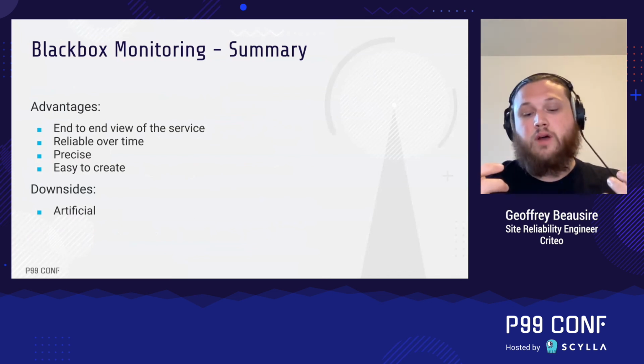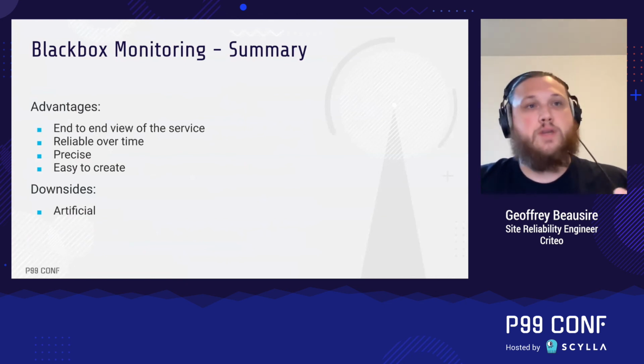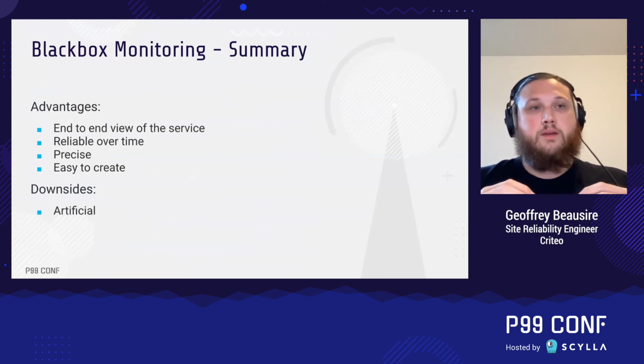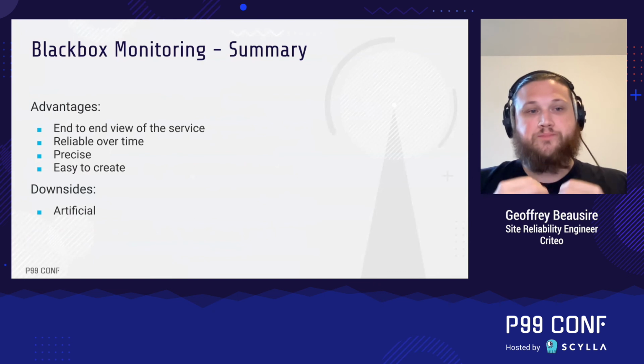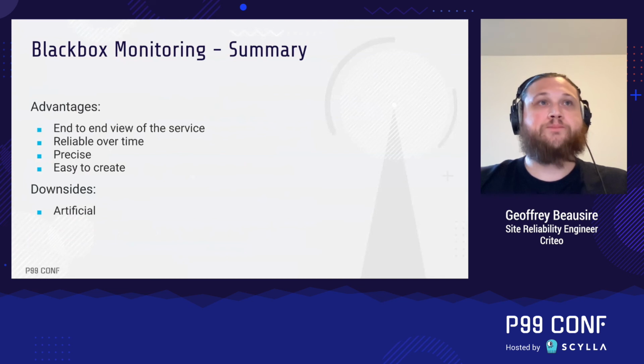You can just take your favorite language, for example, if you are doing operations with Python, you can use Python. And it's very simple to make. But the downside, and it's a very important one, is that it's artificial. You are not actually measuring the client operation, but you are measuring an imitation of them. So it's something to keep in mind.